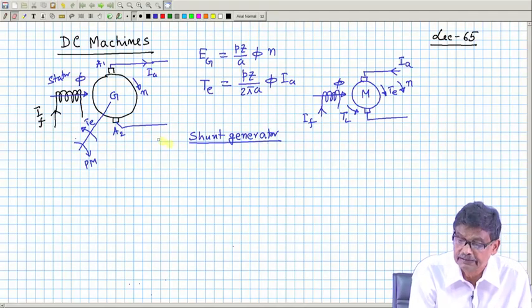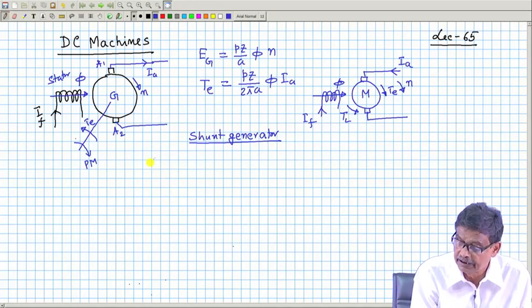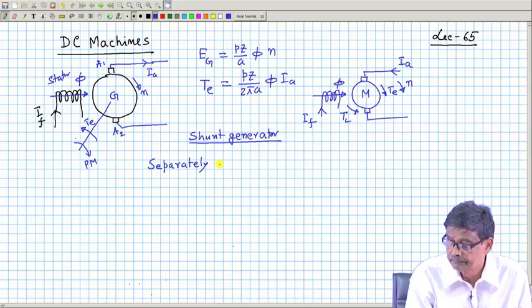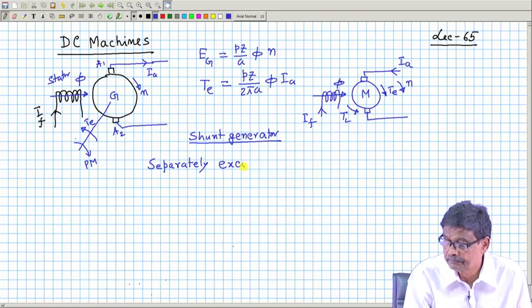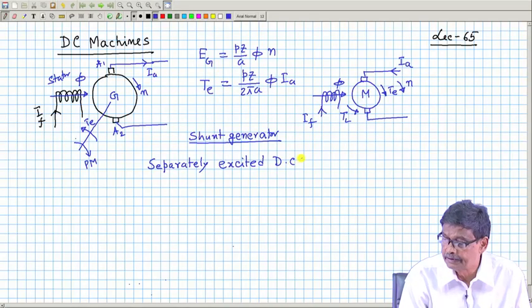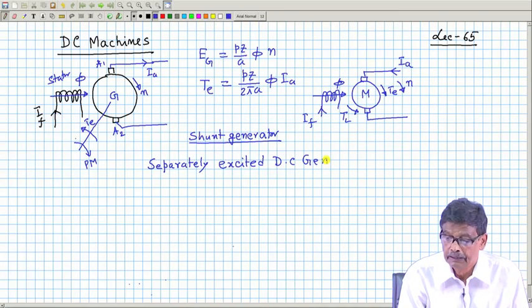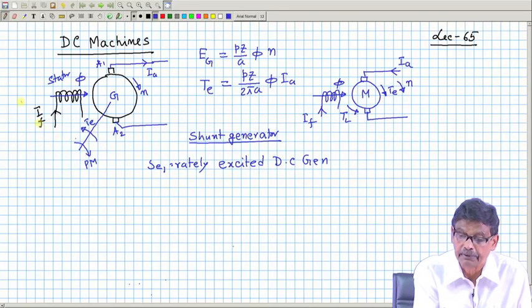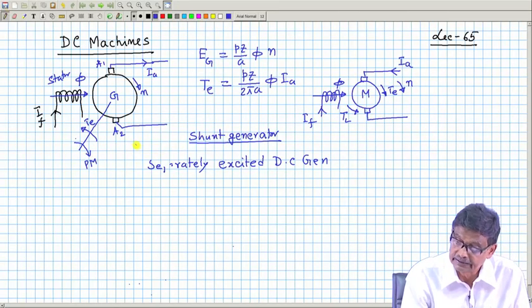First, this is a separately excited DC generator. This one here is the separately excited DC generator, clear?